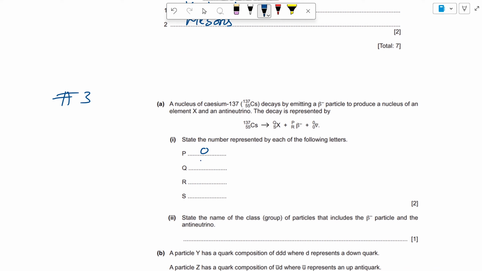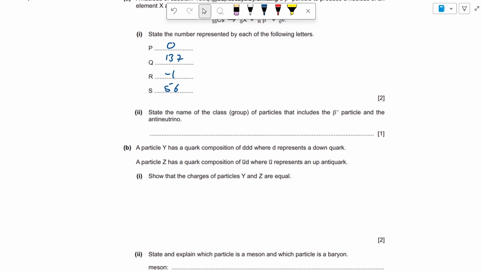Q is going to be 137 because there is no change to the nucleon number when there is a beta decay. R is going to be -1 because an electron is negatively charged. And S is going to be 55 plus 1, which is equal to 56. Now, state the name of the class of particles that includes the beta particle. That would be lepton.